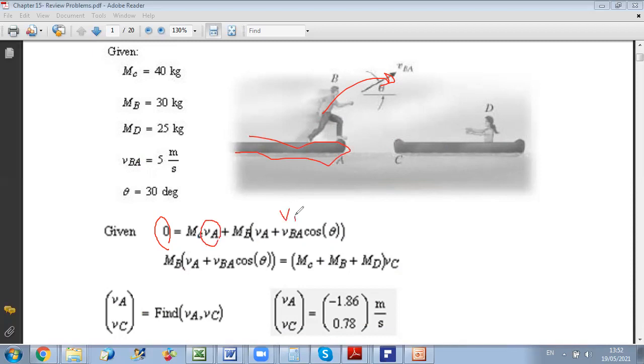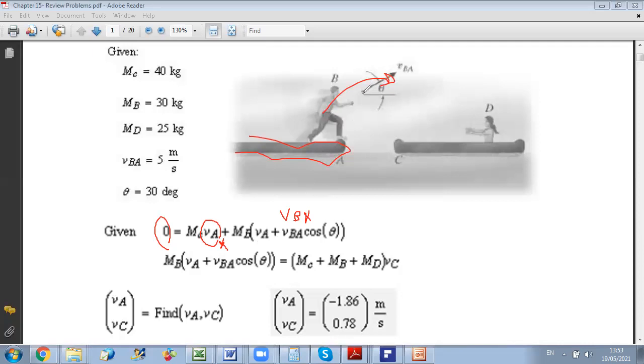But please note, we are doing this conservation of linear momentum in X direction, right? So all velocities calculated are along X. So this is why I should make sure here to project my velocity along X.